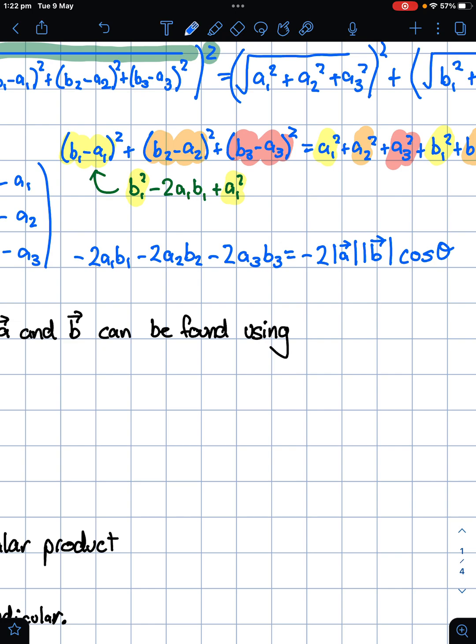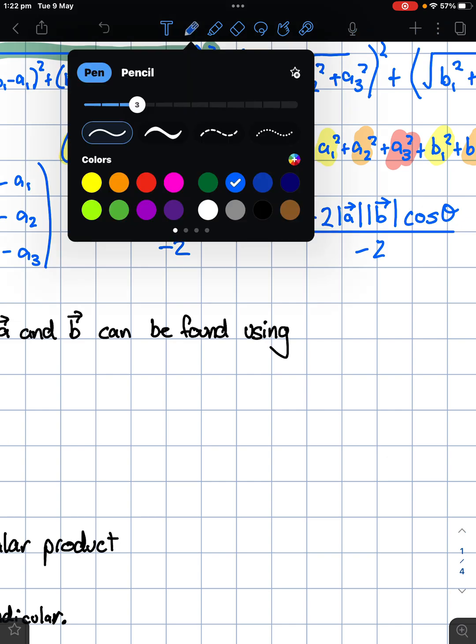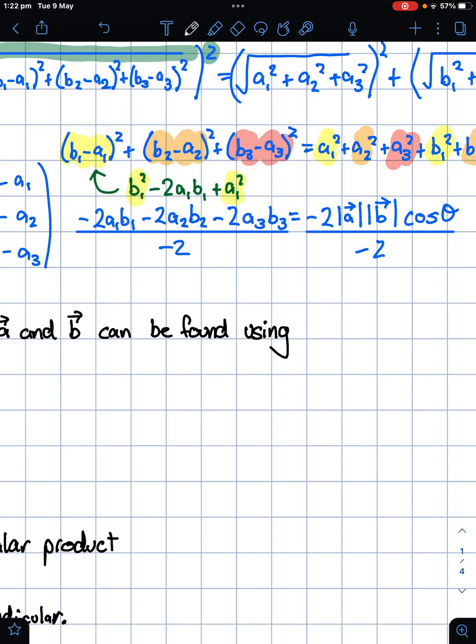So I'm going to have to slide that up because I did not give us enough room for this. So we'll slide this up, and we're going to have this divided by negative 2 and this divided by negative 2, and you should notice, will cancel, and that will cancel with that.